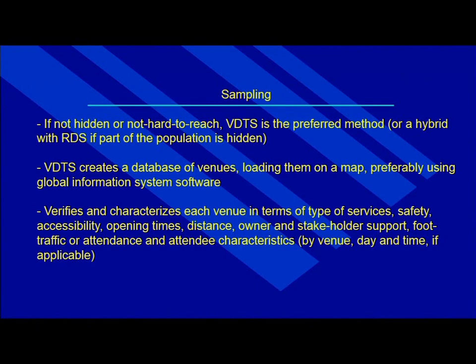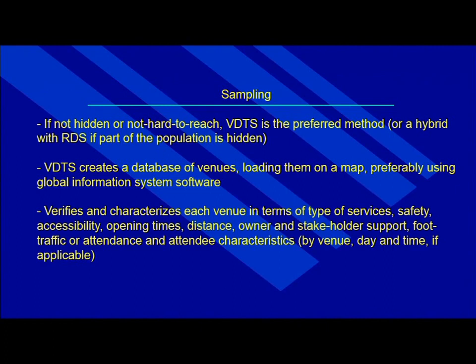In VDTS, or sometimes we can do a hybrid with RDS, if some of the population is actually hidden and another part is not hidden, we can do a hybrid, and that has been done. But in VDTS, venue daytime sampling, we create a database of venues, and I'll show you a little bit about that. We load them on a map, preferably using geographic information system software. It's quite elaborate to do.